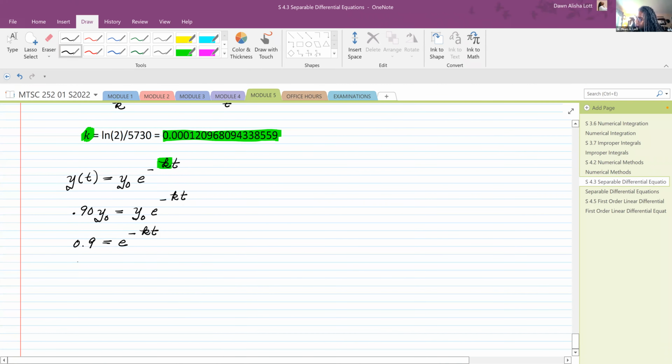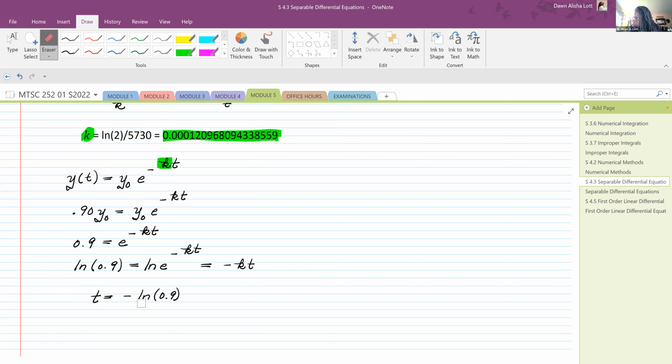Now let's take the log of both sides. The log of e to the negative kt, and we know log and e are inverse functions, so this just gives me minus kt. Therefore t is going to be negative natural log of 0.9 divided by k.